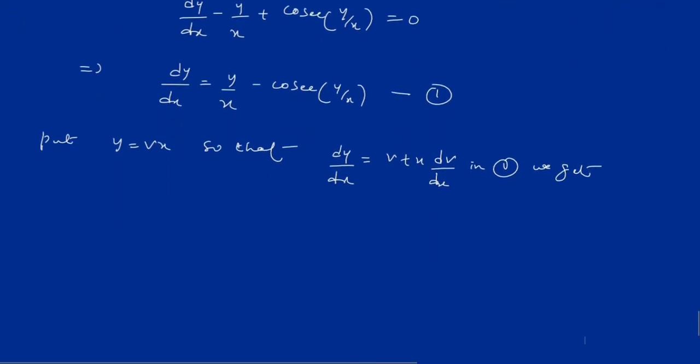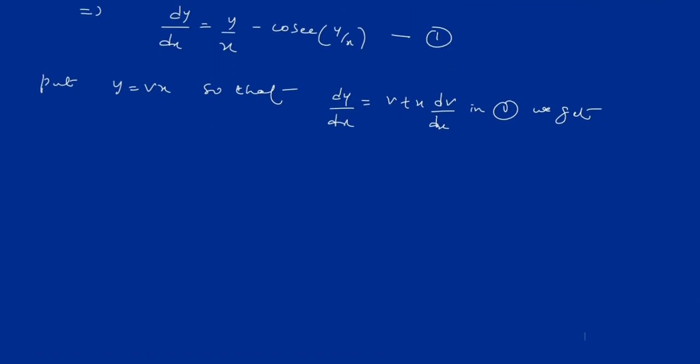Let's see what we get after substituting in equation 1. dy by dx means v plus x dv by dx equals y means vx upon x minus cosec of vx upon x. Here x gets cancelled. The x dv by dx term remains as it is. So here x gets cancelled, v remains.